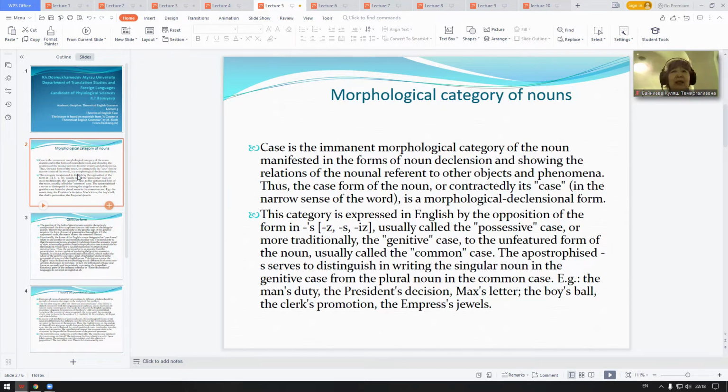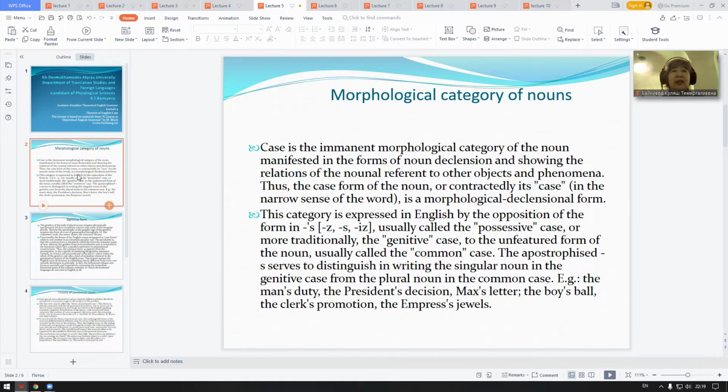This category is expressed in English by the opposition of the form in apostrophized s, usually called the possessive case, or more traditionally the genitive case, to the unfeatured form of the noun, usually called the common case.